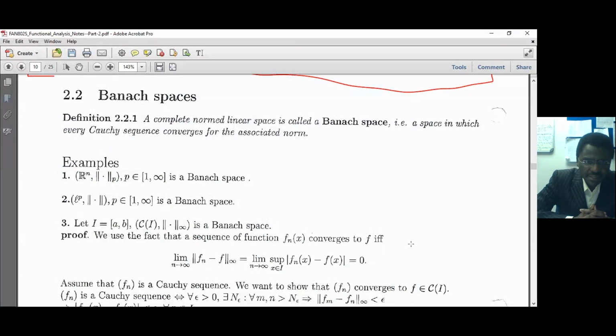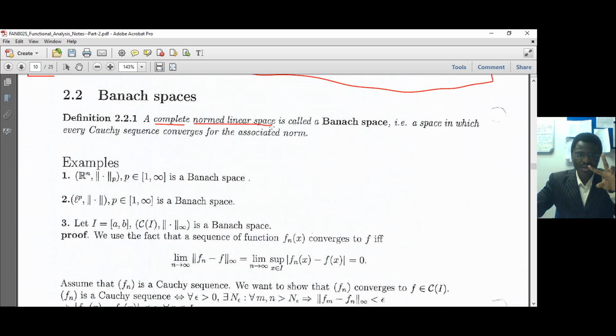A Banach space is a complete, so you see complete norm. You have a norm, right? Of course, when you say norm, it has to be a linear space, right? Because a norm is only defined on a linear space. Why?